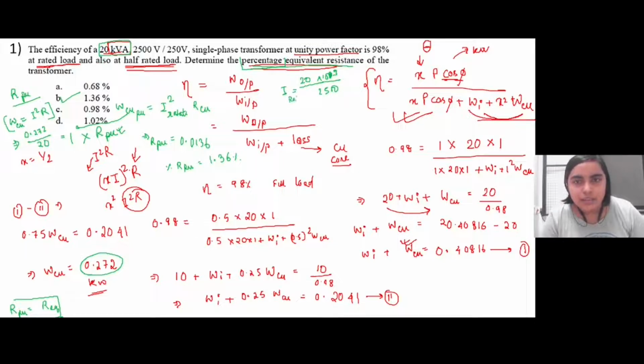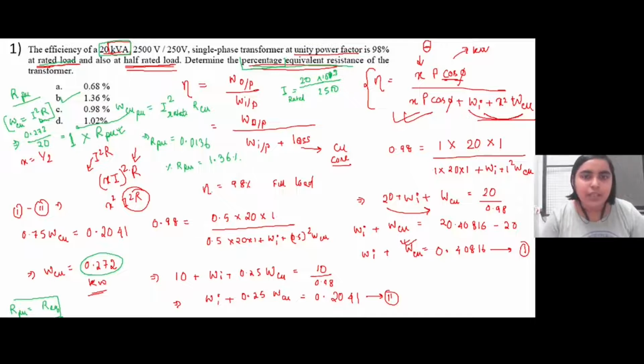This is the rated. Since it is occurring at the full load, that same current, since we are calculating per unit, this will be divided by this. So that will come out to be 1, because it is at the rated current itself.